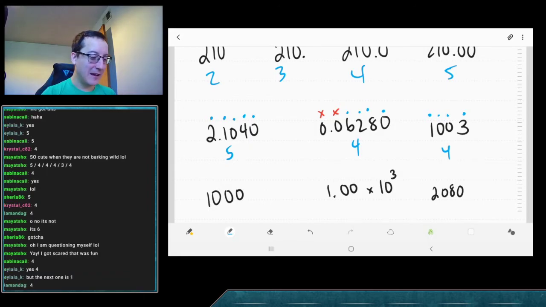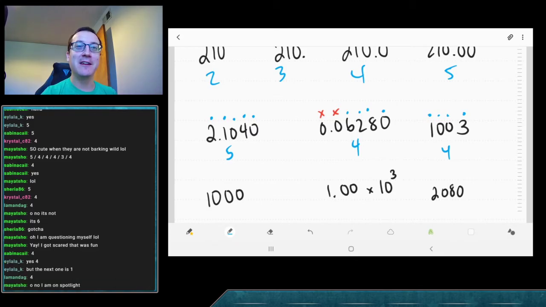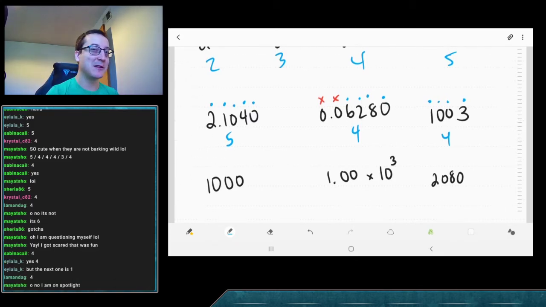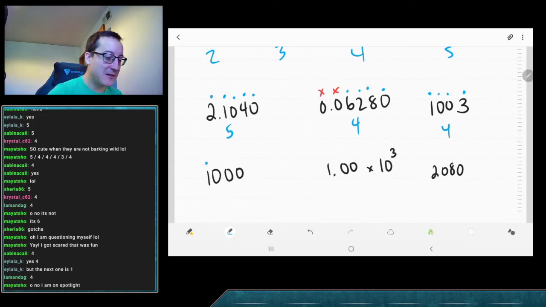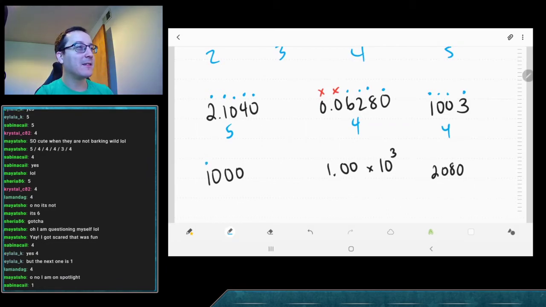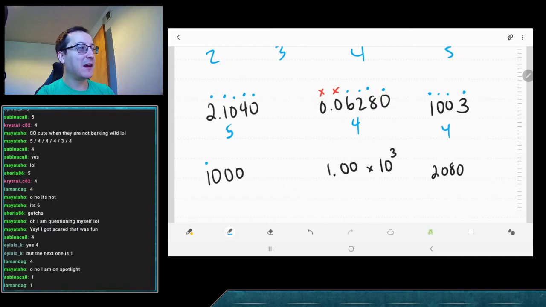Alrighty, so next number, Maya has predicted 4, but I agree here that it says next one is 1. So, we have a 1, right? Definitely significant. We have all these zeros at the end, but I do not see a decimal in this number.